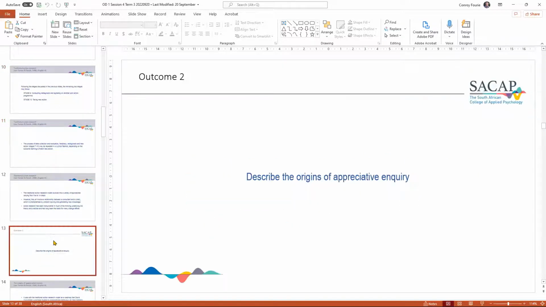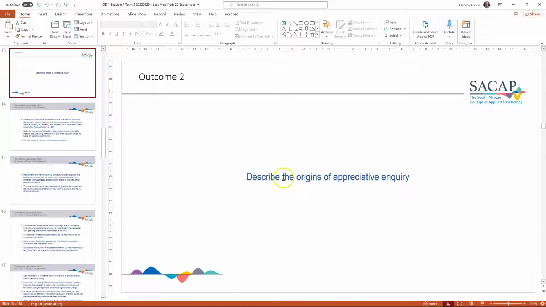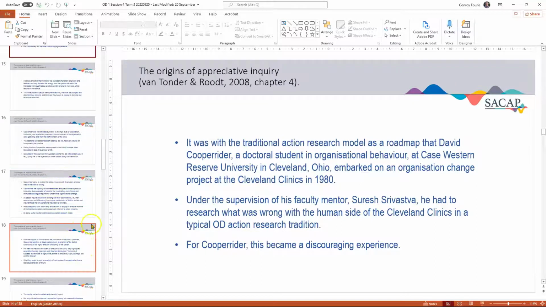So yeah, the appreciative inquiry, and I've got a few slides around that. I'm just going to show you this one, so you can understand the origins. By now you would have read and studied the material. What shines through in the material around appreciative inquiry is the approach of looking for what is good in a system, like an organizational system.